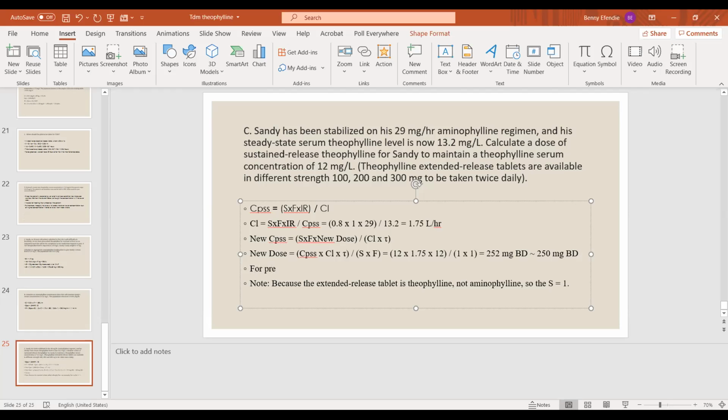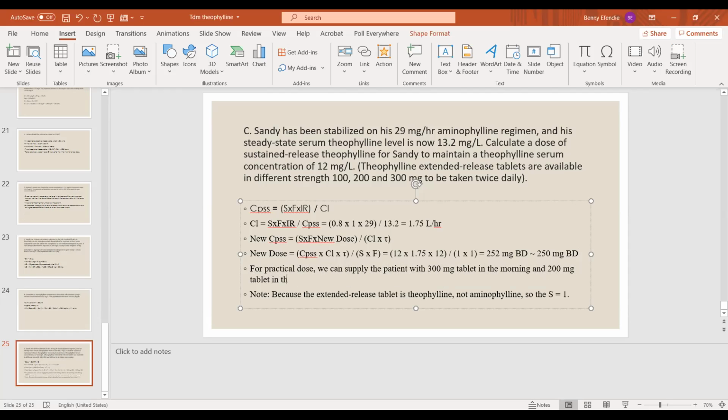So for practical dose, we can supply the patient with 300 milligram tablets in the morning and 200 milligram tablet in the evening.